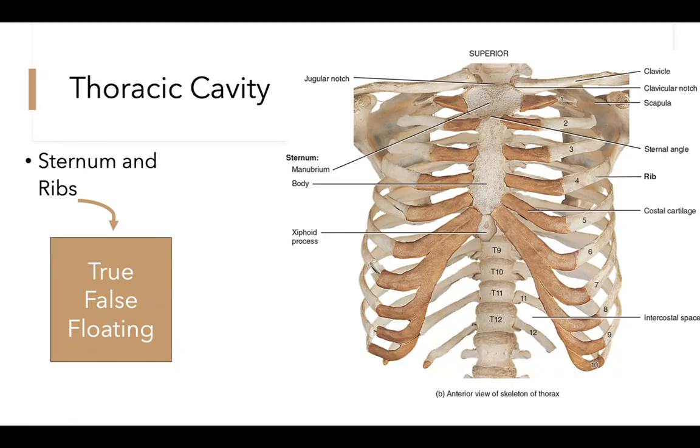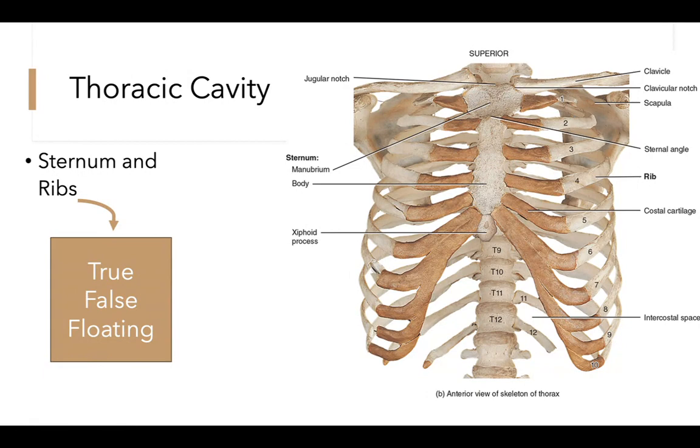Now, ribs are directly connecting and articulating with the thoracic vertebrae in the posterior direction. Anteriorly, ribs do not articulate to the sternum. They have cartilage that articulates to the sternum.